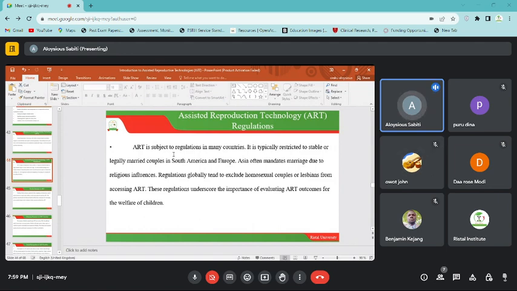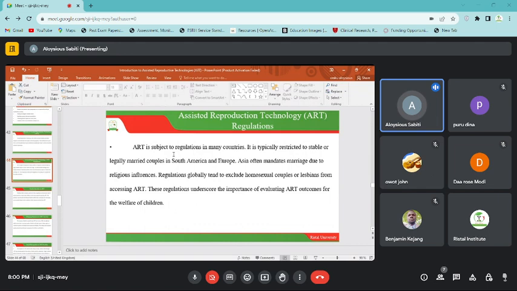However, it is typically restricted to stable or legally married couples in South America and Europe. Asia often mandates marriage due to religious influences. Regulations globally tend to exclude homosexual couples or lesbians from accessing ART. These regulations underscore the importance of evaluating ART outcomes for the welfare of children.